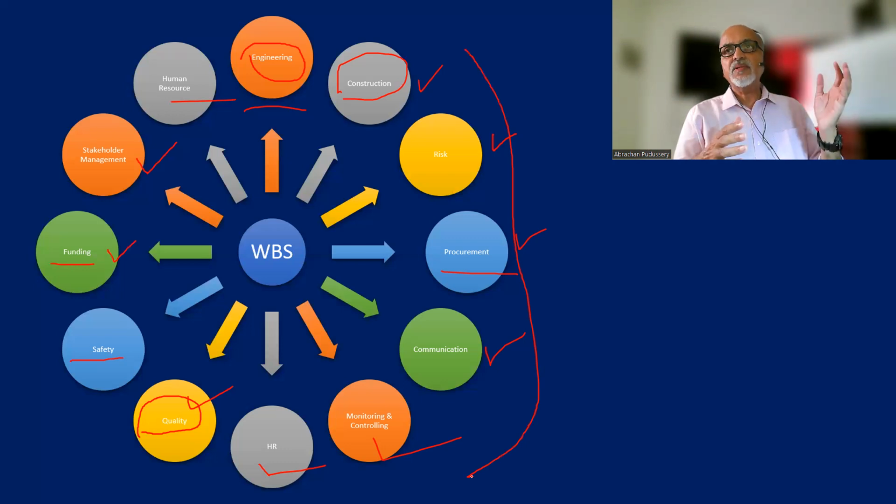So we start with the product breakdown structure, and we superimpose on it project management activities and additional activities like engineering, construction, risk, procurement, communication, monitoring and control, HR, quality, safety, funding, stakeholder management, and human resource management activities.